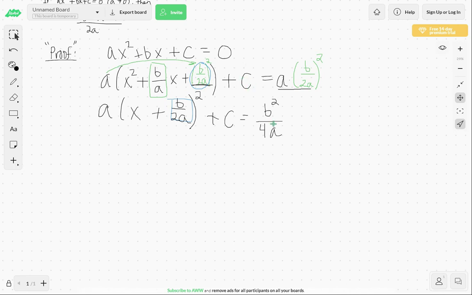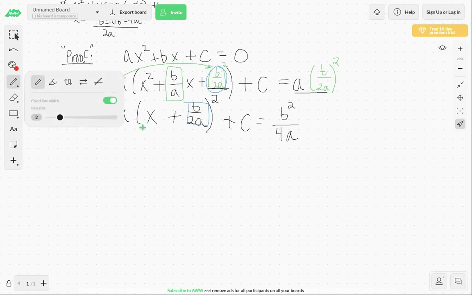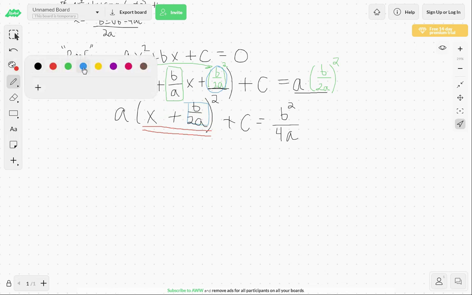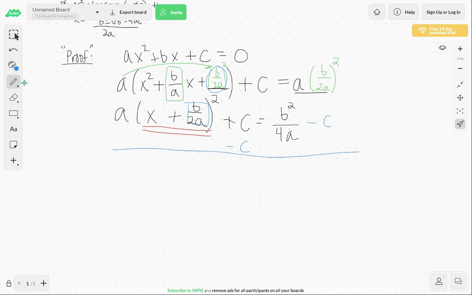Okay, now we need to get this c out of here. We need to isolate what's in red right here underlined. We need to isolate x plus b over 2a, or ultimately isolate x. But if we isolate x plus b over 2a squared, then we're on our way. So we'll subtract c from both sides. Let's see what this gives us.